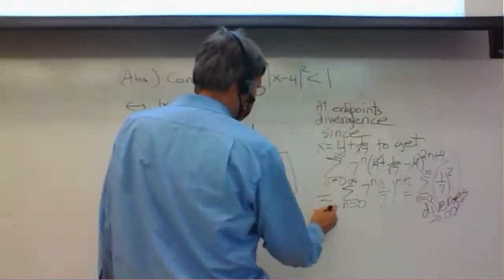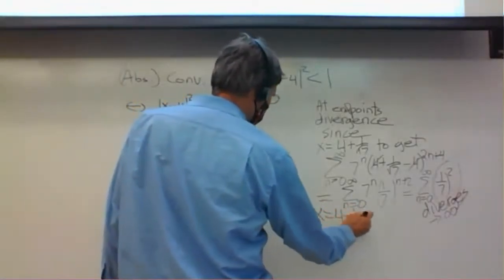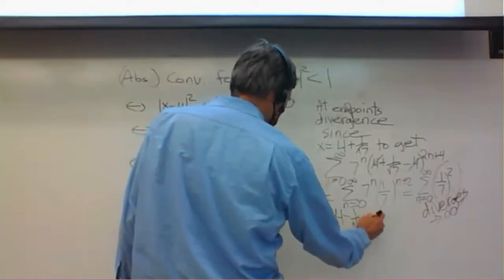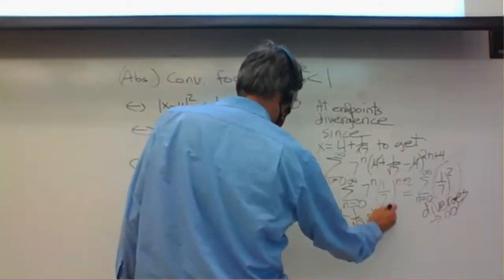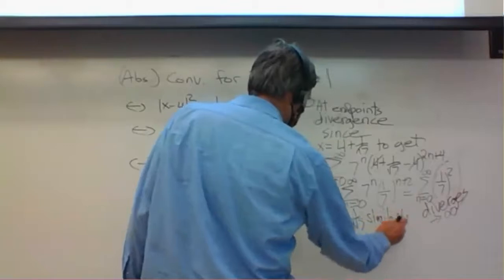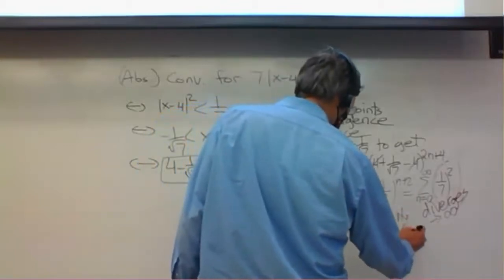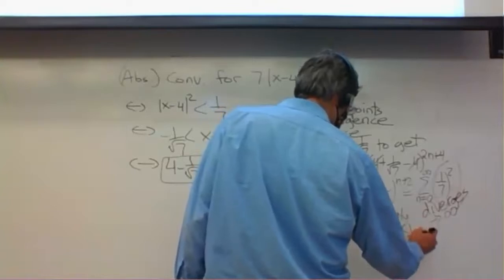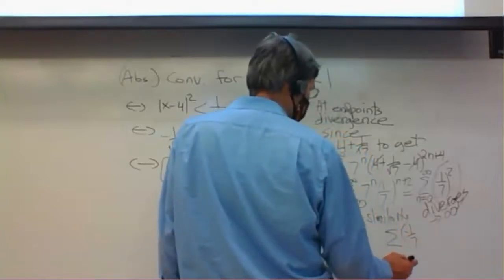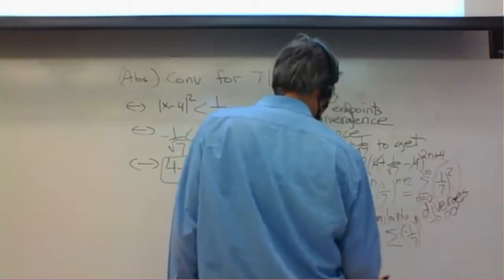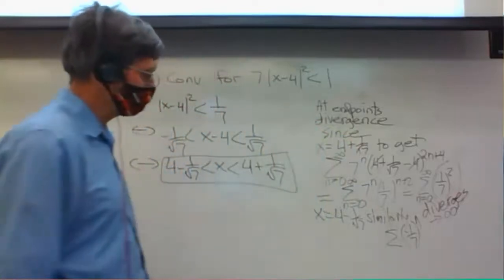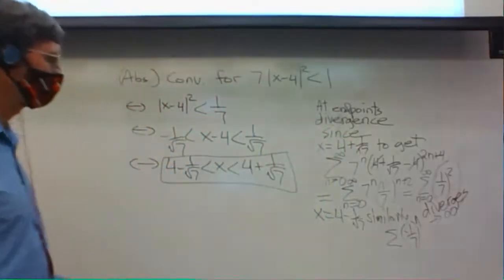So x equals 4 minus 1 over square root 7 similarly. This time you get some minus 1 over 7 squared or something like that. And so it also diverges.